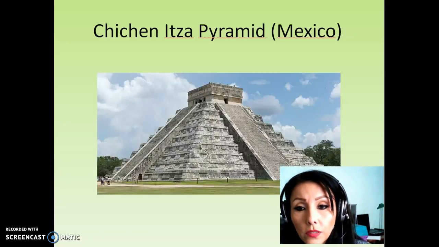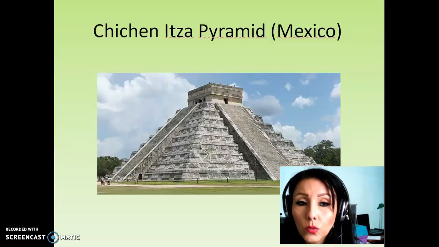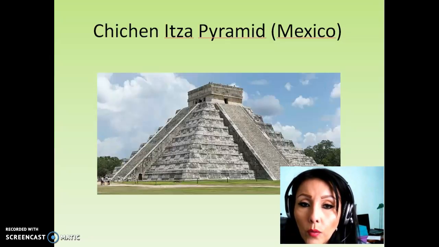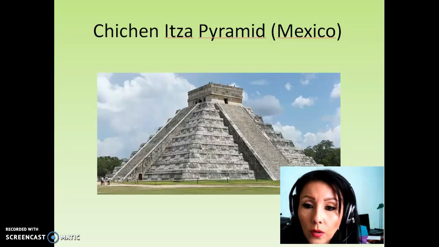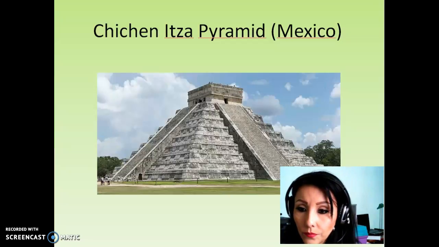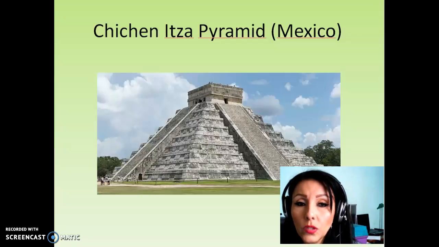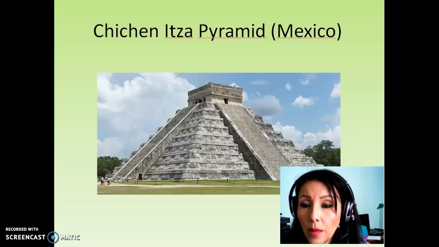Okay, for production, I'm going to spend about 10 minutes. The idea is to work again with the pictures about different countries around the world. In this part of the lesson, we do a guessing game. One student chooses one of these iconic pictures, for example, this one related to the Chichen Itza pyramid.